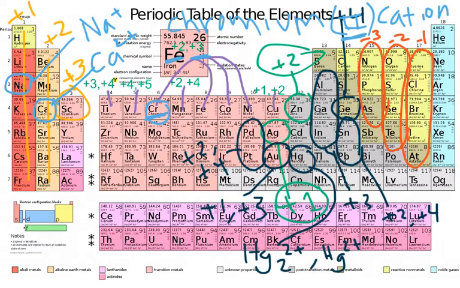So let's talk about the charges of the ions that you absolutely have to memorize. Everything in group 1, which is shown here, will always be +1. Everything in group 2 will be +2, so like calcium 2+. And scandium in group 3 is +3.